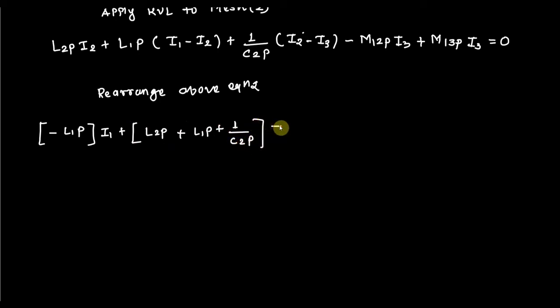Okay, so these are the I2 terms. Plus L3. So there are two L3 terms, minus M12P plus M13P. This should be equal to 0. So this is the KVL equation 2. Okay, fine.